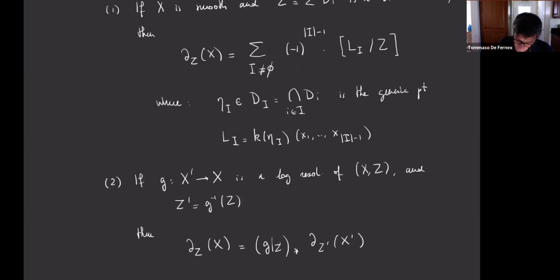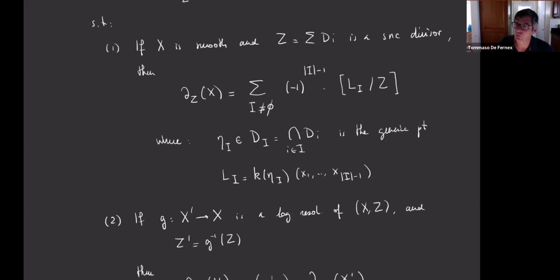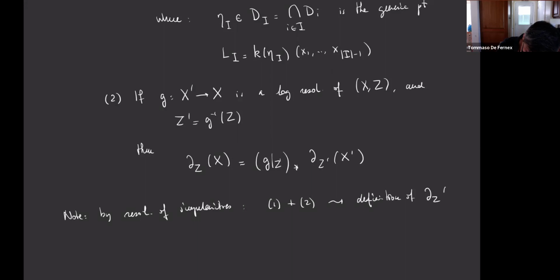Okay, so if you think about this, part one is telling you how to compute this class in a simple normal crossing situation, and part two is telling you how to compute it in general. So you note, by resolution of singularities, one and two give a definition of this element in general.